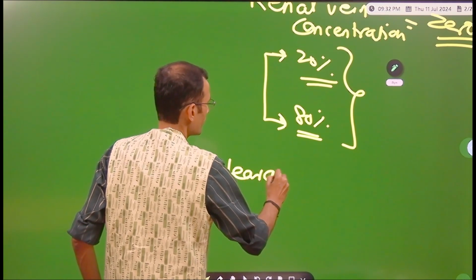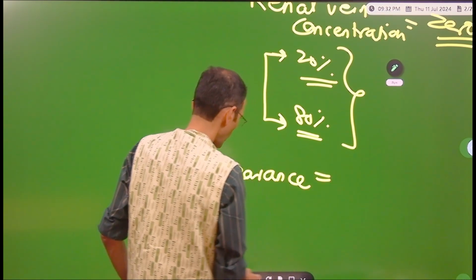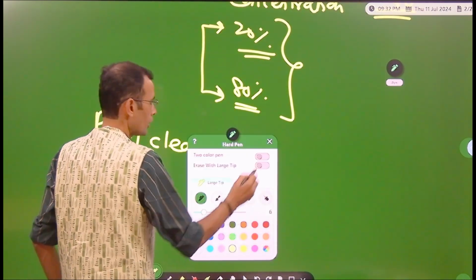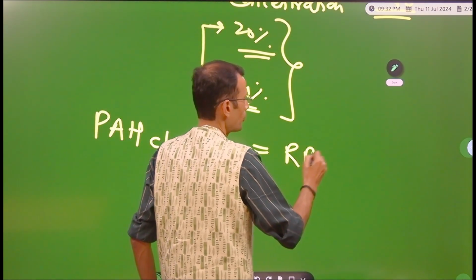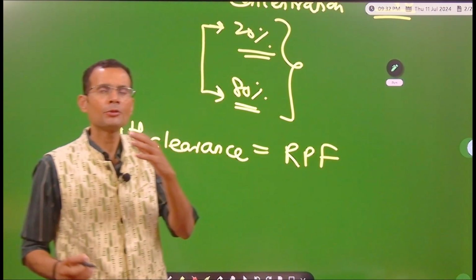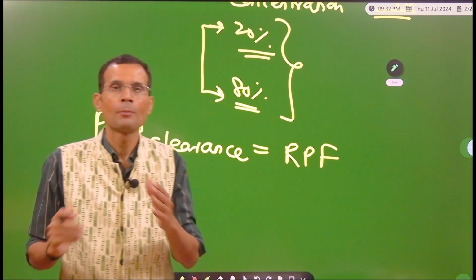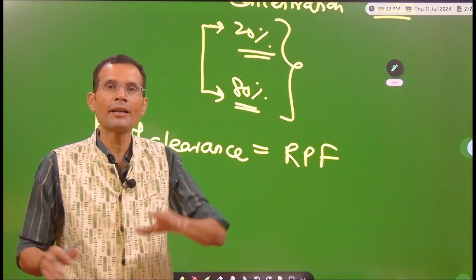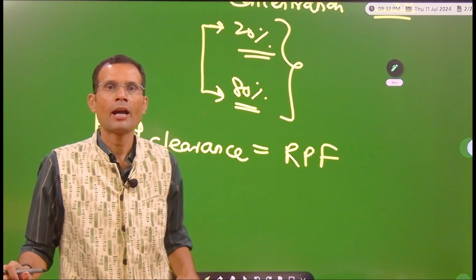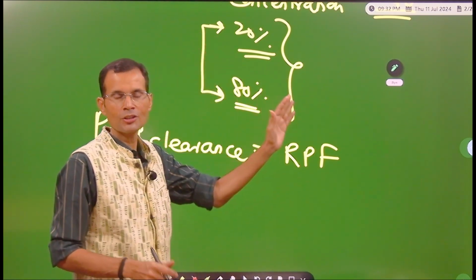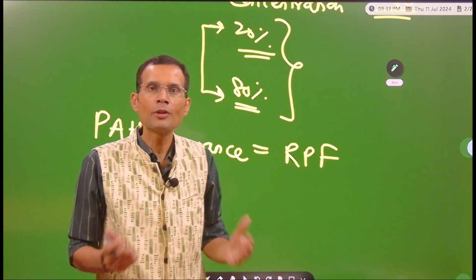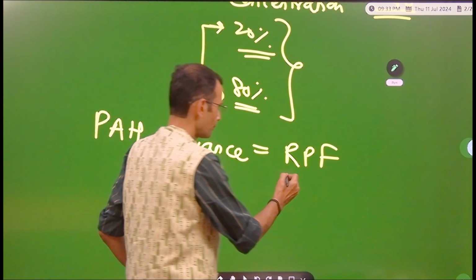PAH clearance will be equal to renal plasma flow. I am using the terms interchangeably because PAH will be injected into the renal plasma and it will be the filtration and secretion from the plasma. So it will give us the renal plasma flow.